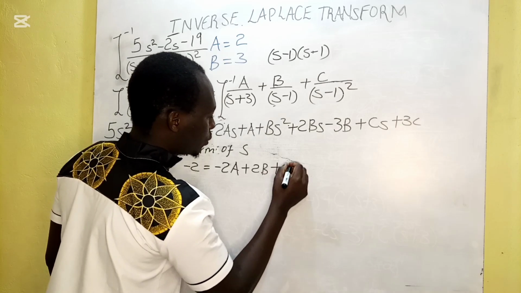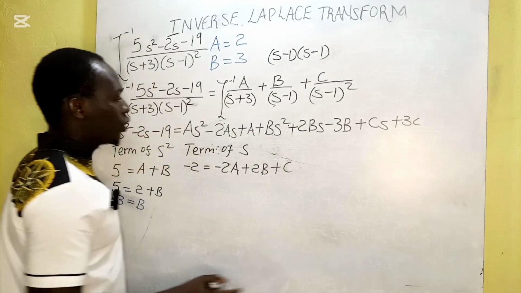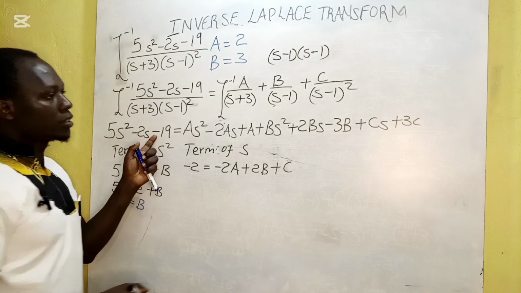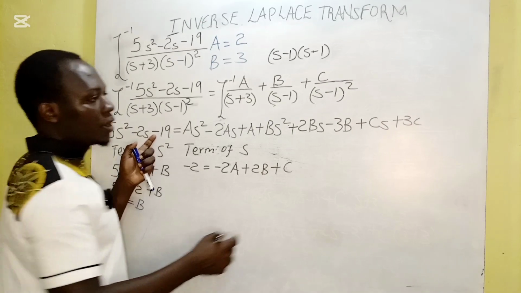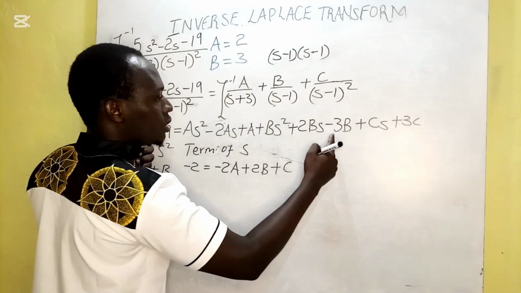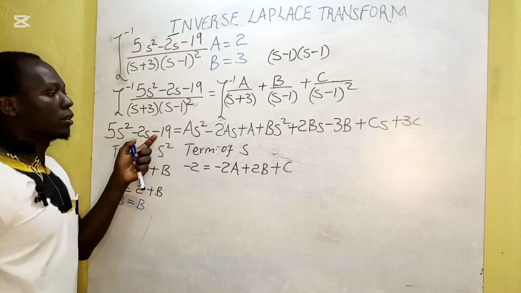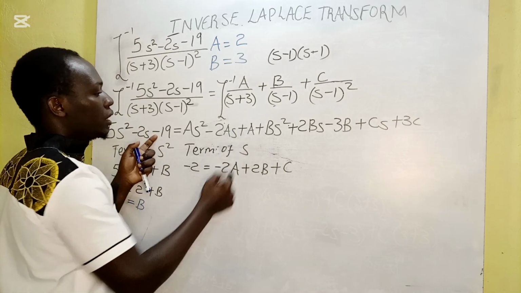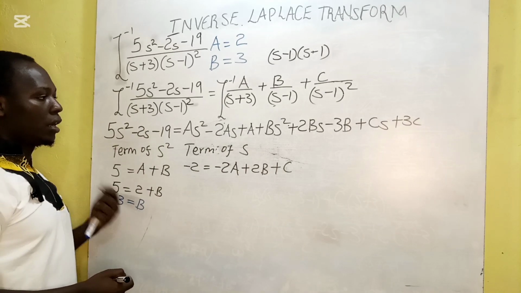We come and add C. Or you can decide to use the constant. When you check at the term of a constant, we are having 3C, and here also we are having our constant.